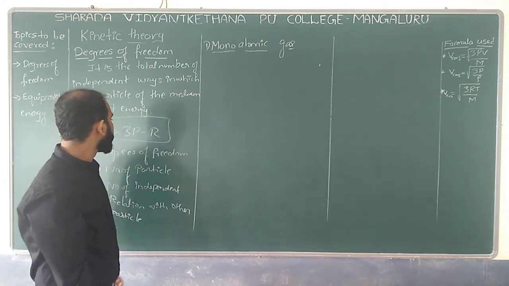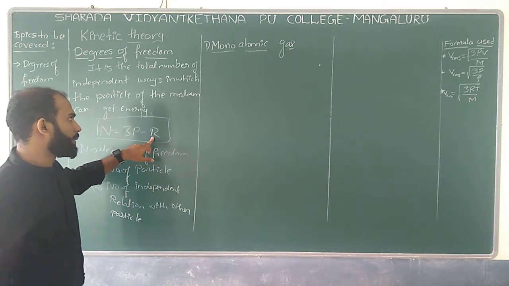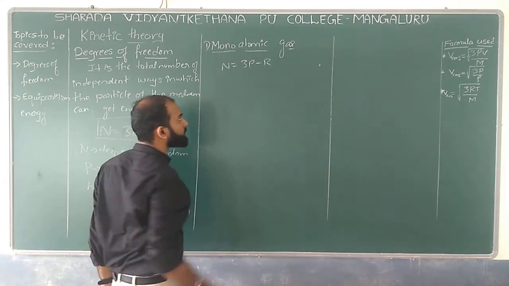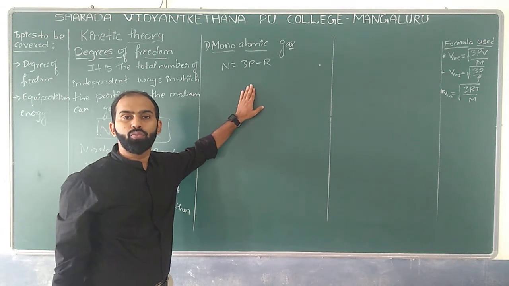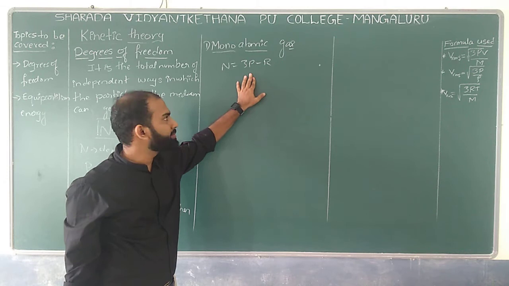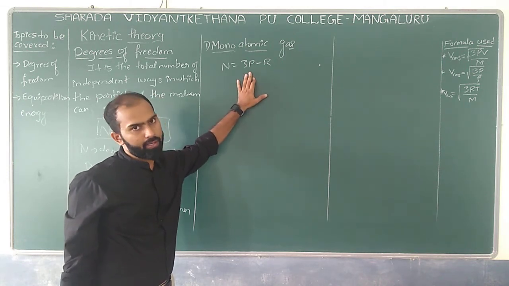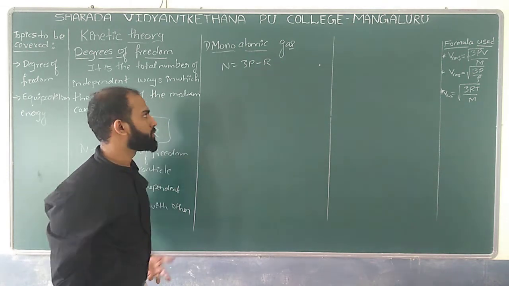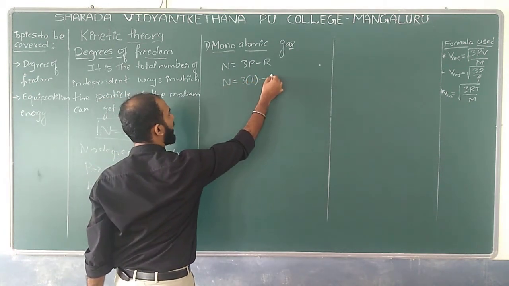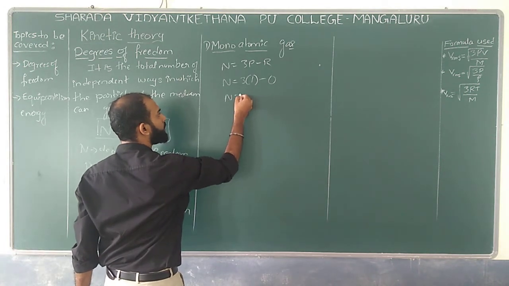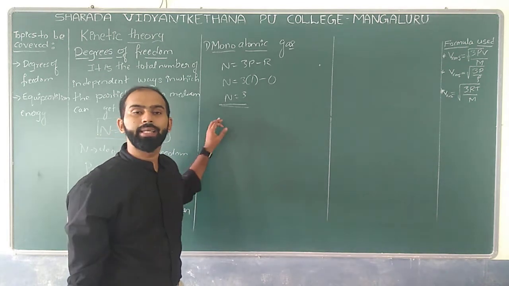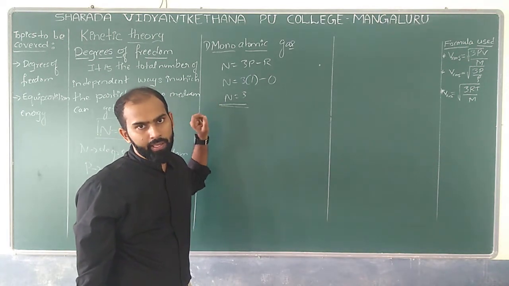No. So using the formula n equals 3p minus r, the r value can be taken as 0, and p is the number of particles, which is 1. So n equals 3 into 1 minus 0, which is equal to 3. So this is the value of degrees of freedom for monoatomic gas.